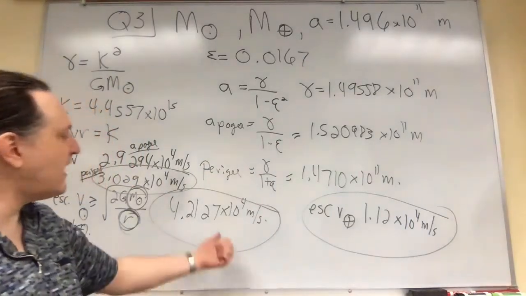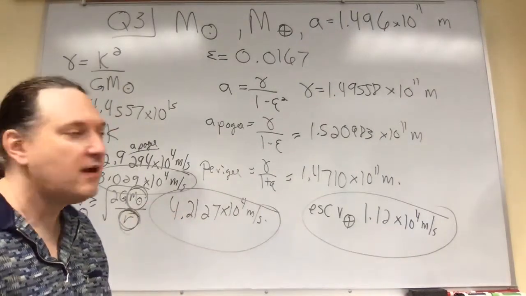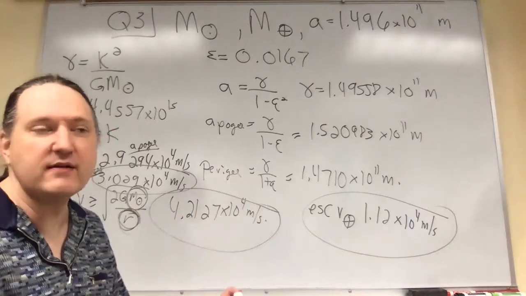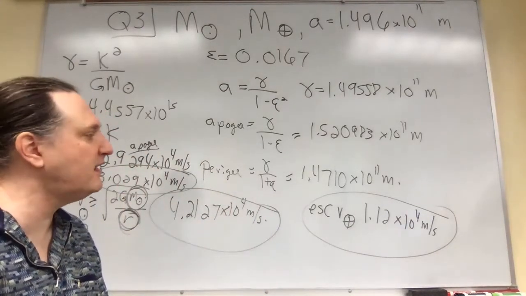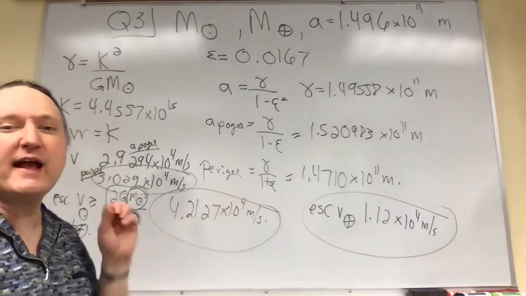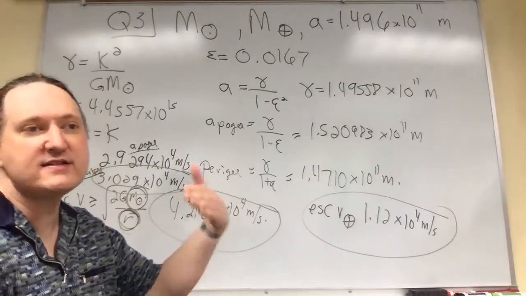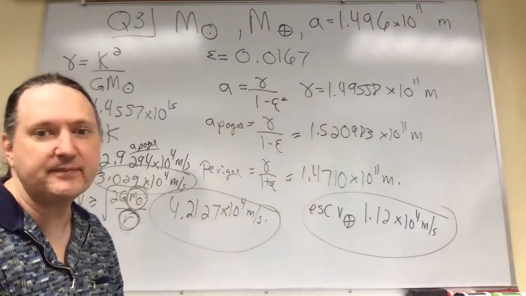And the escape speed from the sun at that distance is much smaller. Because they're almost the same, they almost add up to be the same on the Earth. On Jupiter, it's pretty clear that if you hit escape speed on Jupiter, you've surely escaped the sun.